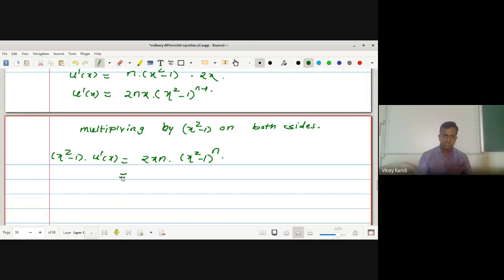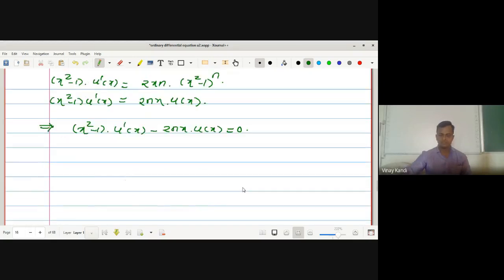Okay, which is equal to, this is (x square minus 1) into u dash of x is equal to 2nx into, what is the value of this one, it is u of x. Okay, which implies (x square minus 1) into u dash of x minus 2nx into u of x is equal to 0.